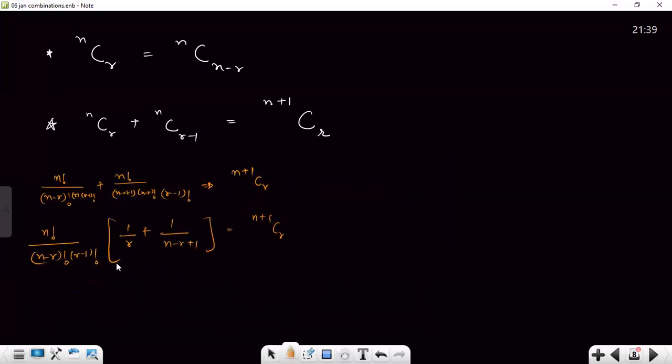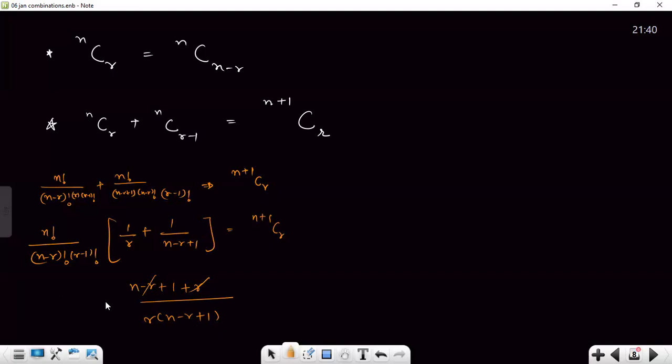Okay, that's better. So now let's take the LCM, r into n minus r plus 1, and this will become n minus r plus 1, and the plus r cancels each other.